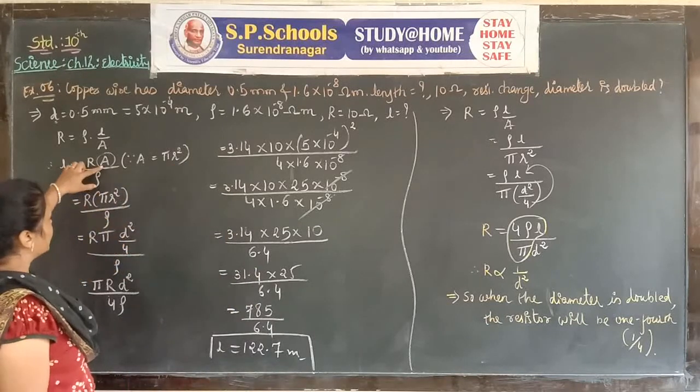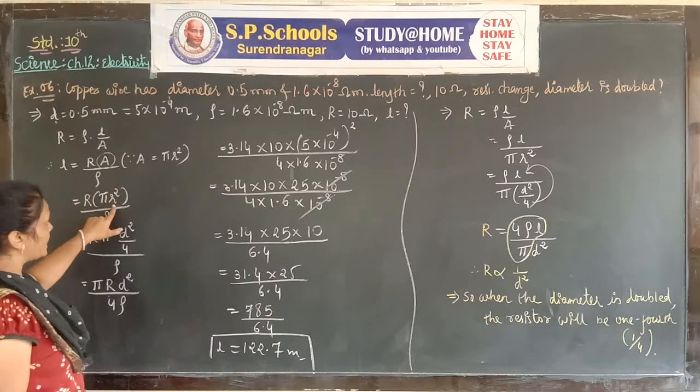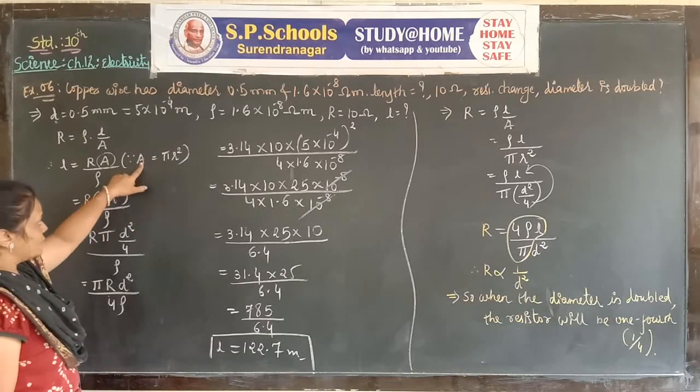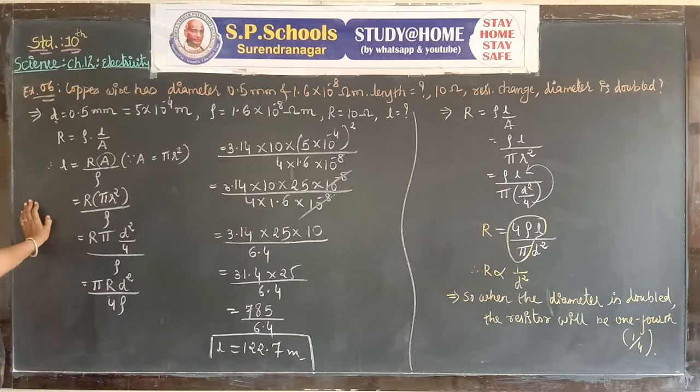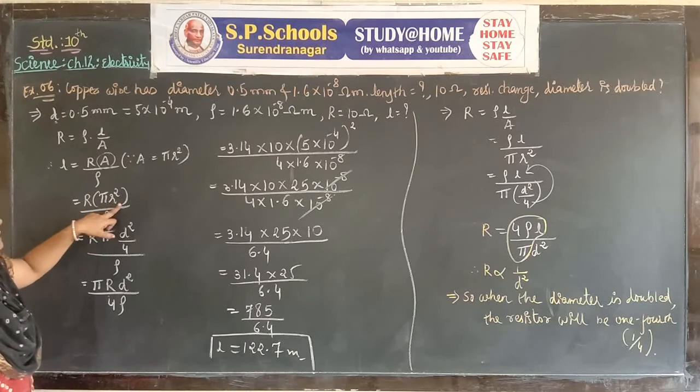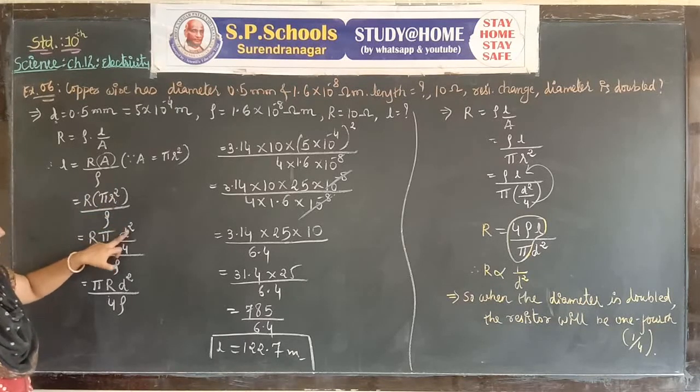Here we can't take A directly, because A is not given, so we write the formula of area, which you have already studied in standard 9. So we find the value of r. r is d by 2, so r square is d square upon 4.